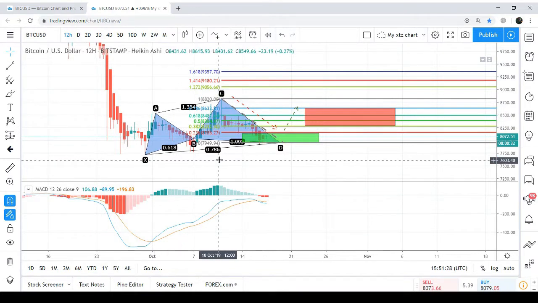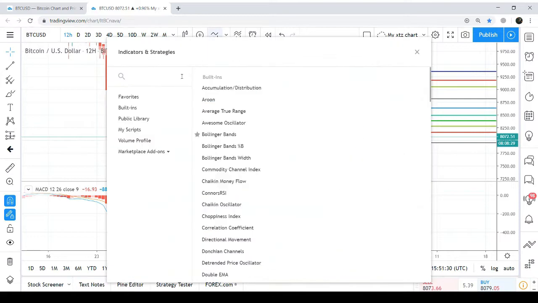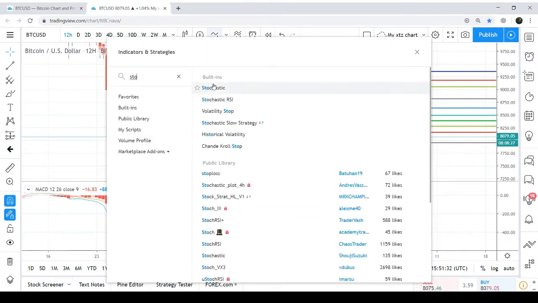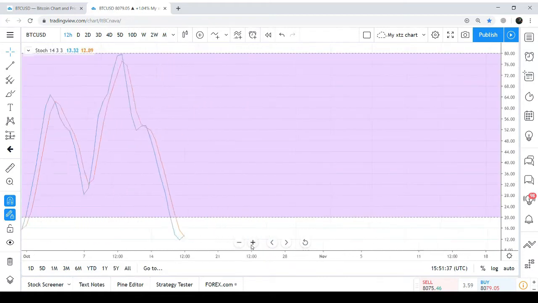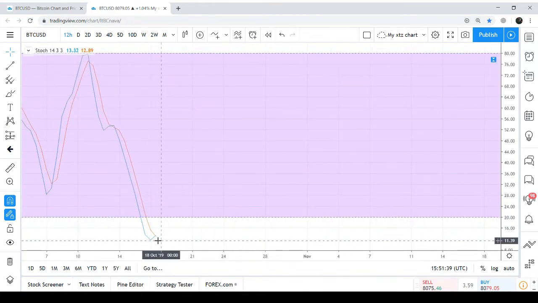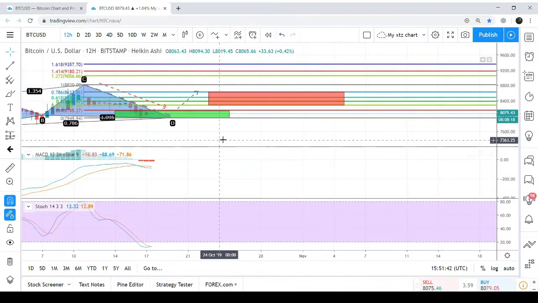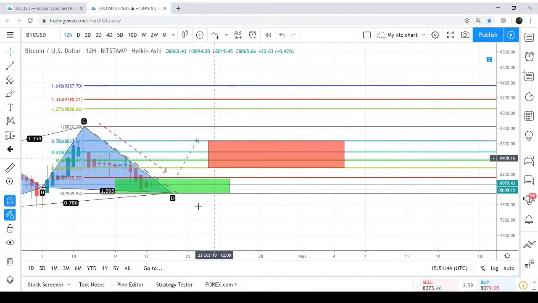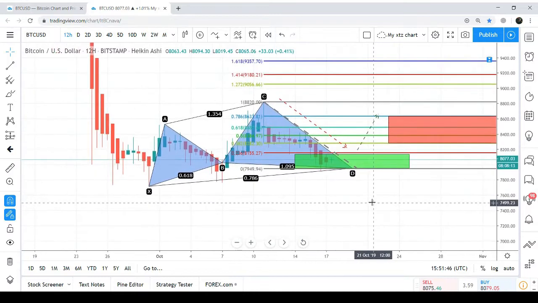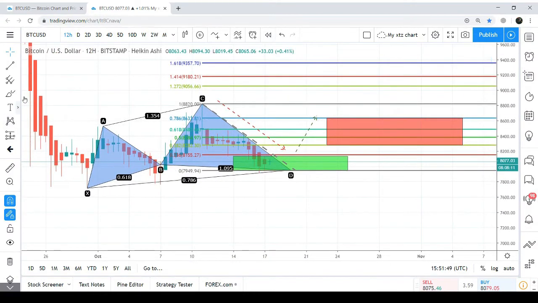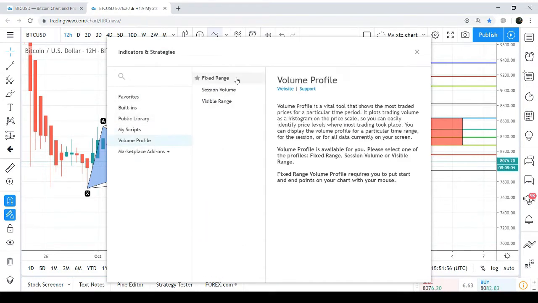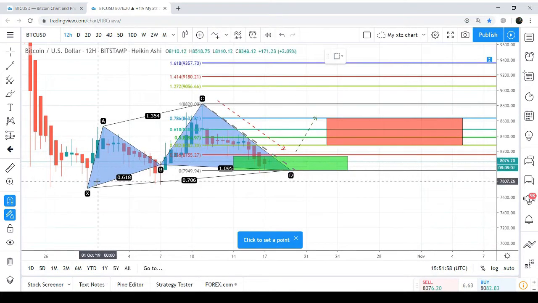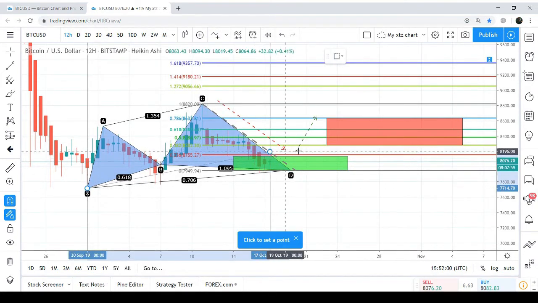But if I place the stochastic indicator, this is the indicator, we can see the stochastic has already given us a bull cross, so this is another indication that the price action can take the bullish divergence from here. And if I place the volume profile on this complete pattern, a very important indicator I always use in my trades, I'm placing it from X to the D leg.